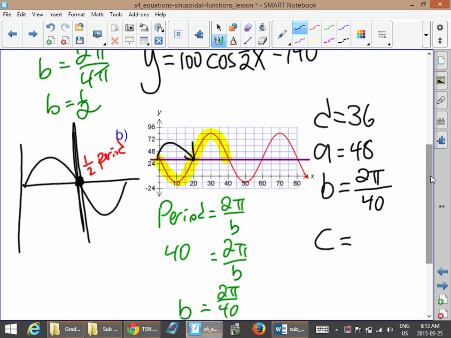So, what we have to understand is because it got moved 20 units to the right, our c value here is going to be 20. Okay? Our c value is going to be 20. Because at the x value of 20, it's starting in the middle, and it's going all the way up and coming all the way down, blah, blah, blah.